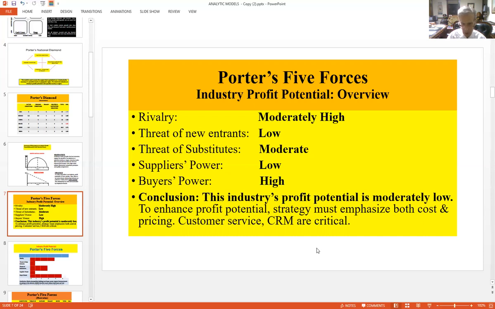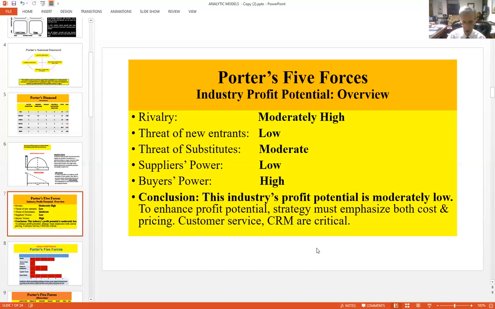And so rivalry is pretty high in the industry that was analyzed here. The threat of new entrants is low. The threat of substitutes is moderate. Suppliers' power is low, but buyers' power is high. So you see a pretty common pattern here where the buyer has the opportunity to shop at a number of locations, whether that buyer is a consumer or an industrial purchasing agent.